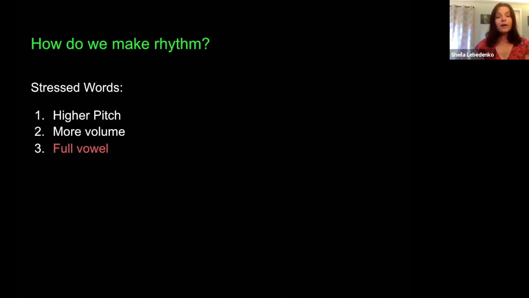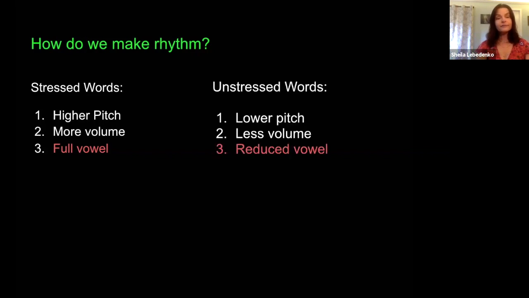And then you also want to have more volume, but more volume is not nearly as important as the other two. So don't go overboard on the volume. That'll get you in trouble. It'll make you sound like you're yelling at people. And number three, you want to have a full vowel. We'll look into what that means.